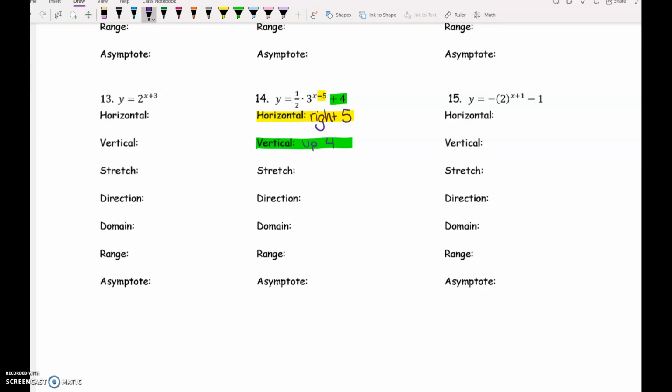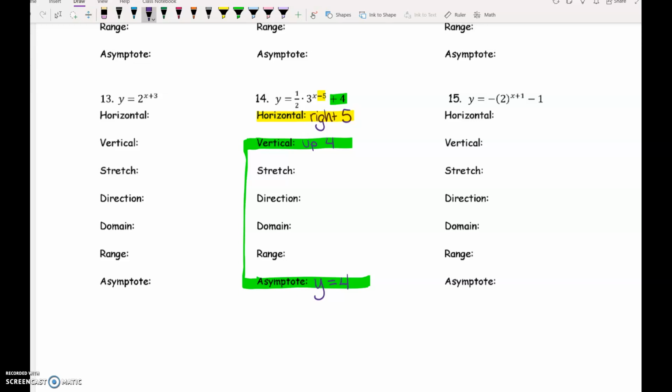Now, here's what I want to make sure that you notice. The vertical movement is going to change where the asymptote is. The parent function has an asymptote at y equals 0, at the x-axis. The vertical movement is going to be linked to your asymptote. So because this graph moved up 4, the asymptote is now going to be the horizontal line, y equals 4.